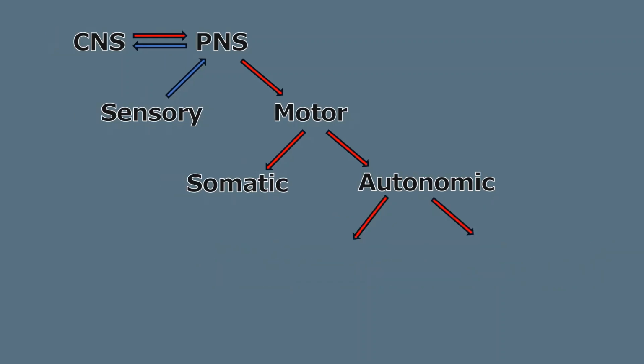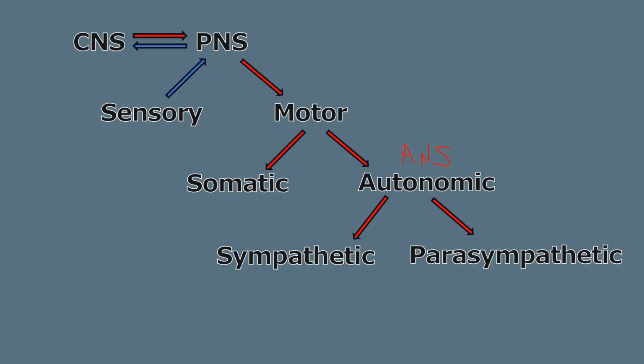But it doesn't stop there. We can take this autonomic outflow, this automatic outflow, if you want to use that word, but don't call it the automatic nervous system. Sometimes it's called the ANS, and we can put these branches in categories as well. There's one branch referred to as the sympathetic branch of the autonomic system, and there's another branch referred to as the parasympathetic branch.